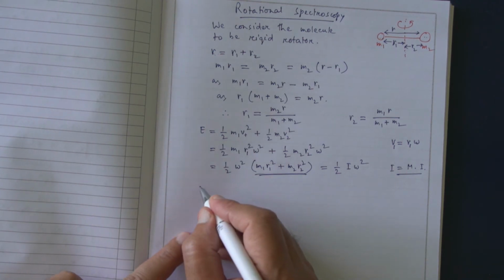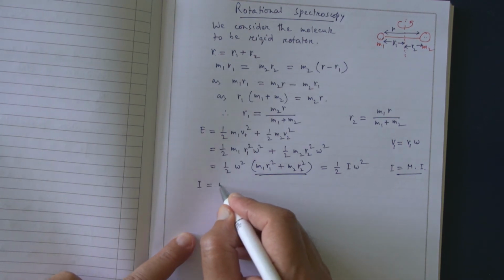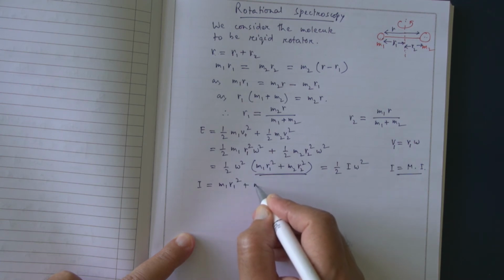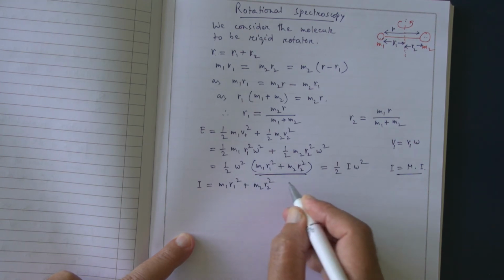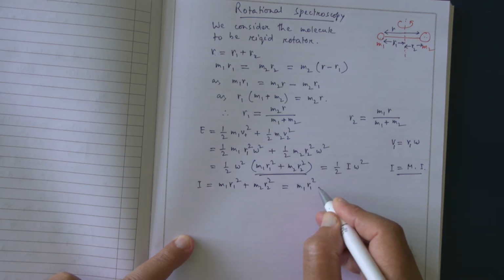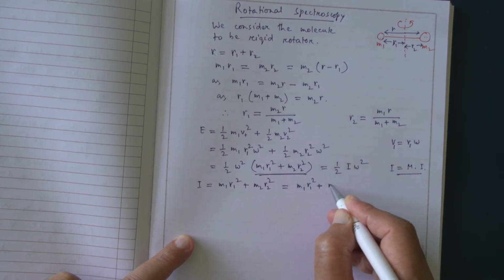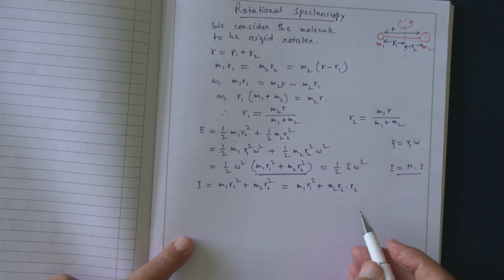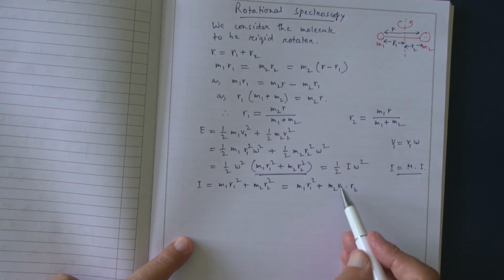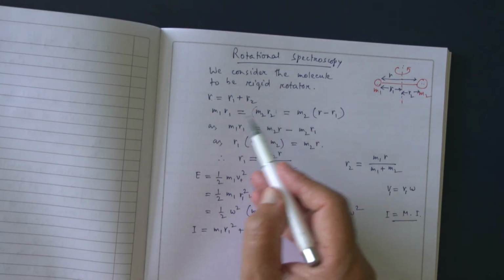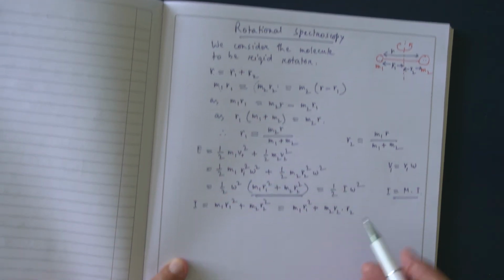Now what is I? I equals M1 R1 square plus M2 R2 square. I can write it as M1 R1 square plus M2 R2 into R2. Why do I write this? Because for M2 R2 I can write M1 R1.